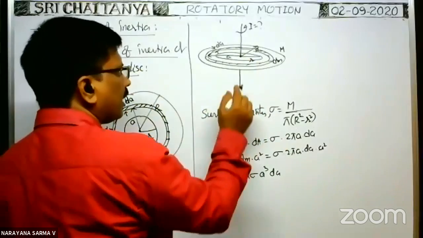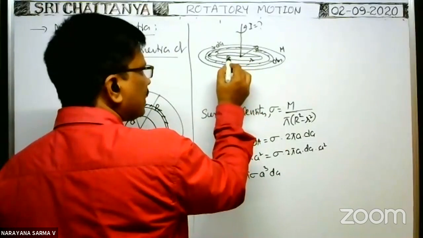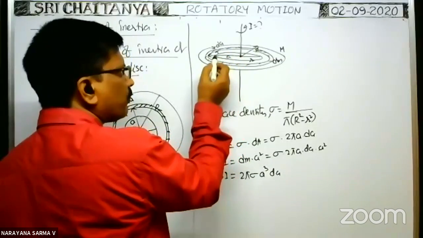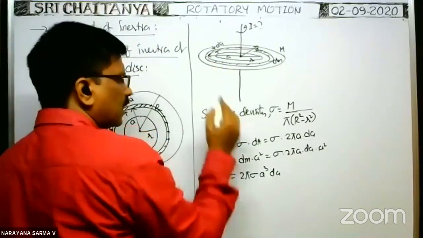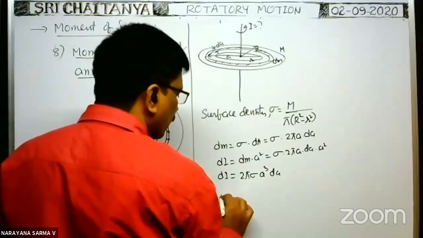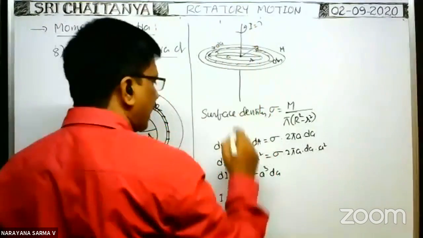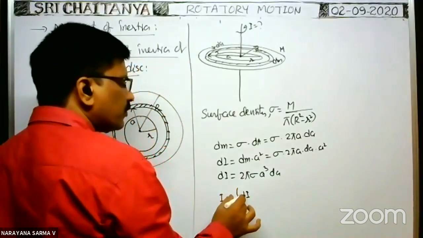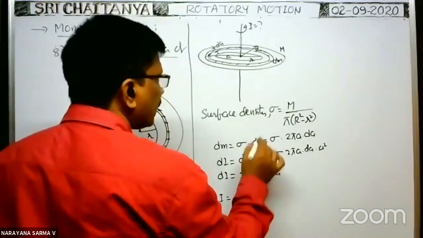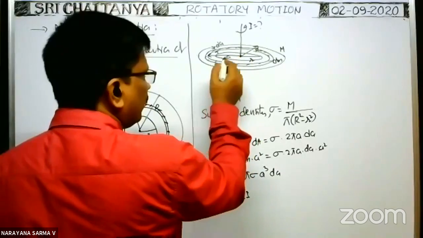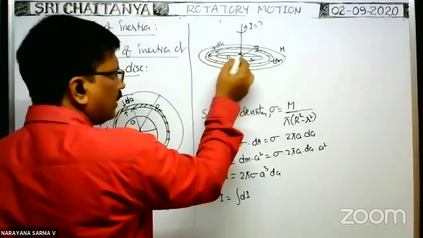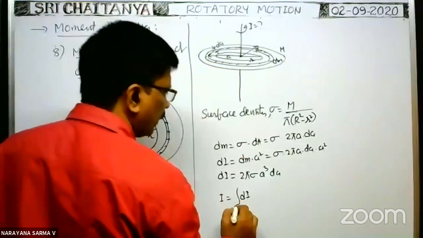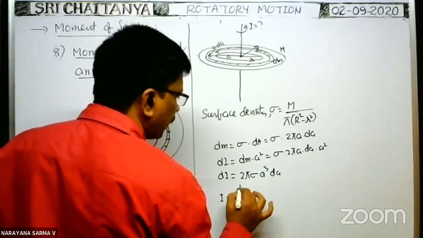Such circular elements can be imagined from radius a equal to small r to capital R only. That's why integrate between small r and capital R. Therefore, the total moment of inertia about this natural axis is equal to the integral of dI, the moment of inertia of the element. The radius a goes from small r to capital R, so you integrate.